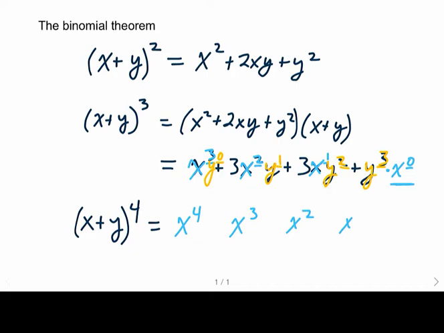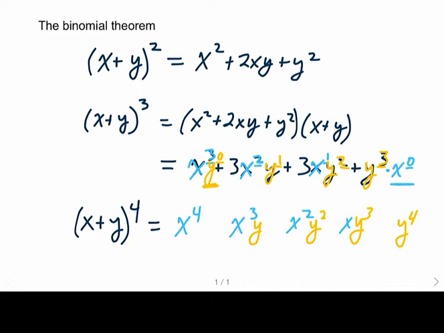Looking at the pattern of the y's, for the first term, it would be y to the 0 power, which I'm not going to write. In the second term, we'd have y to the first power, which I'll just write as y. And then we're going to keep increasing the exponent on y: y squared, y cubed, and then y to the fourth power. And that process should make sense to you.